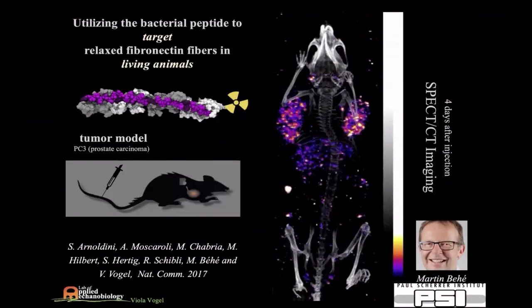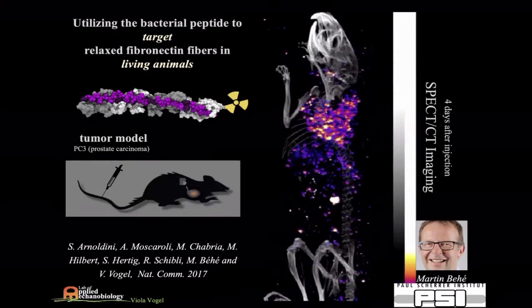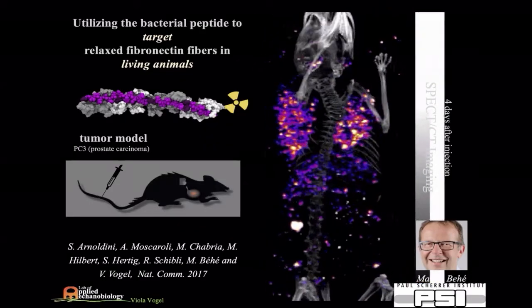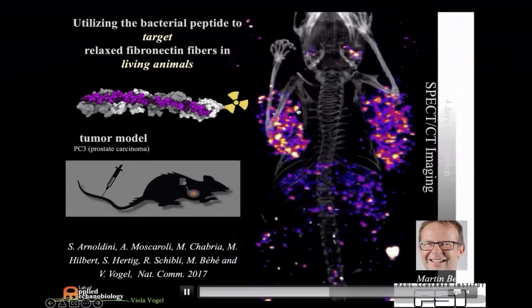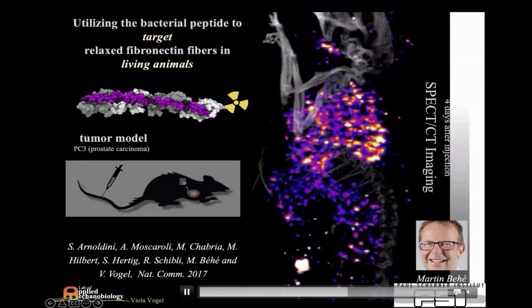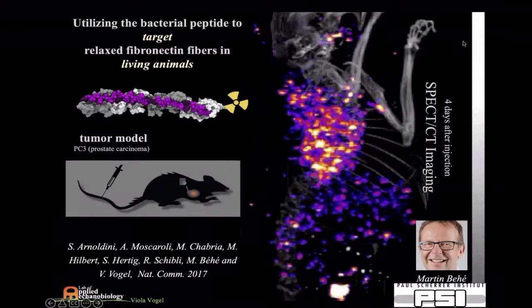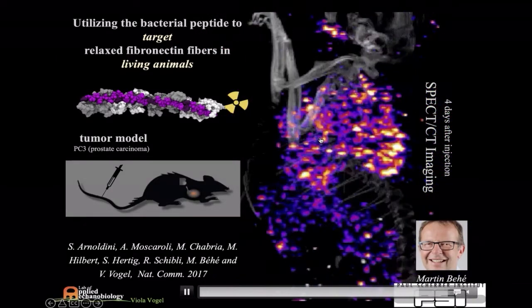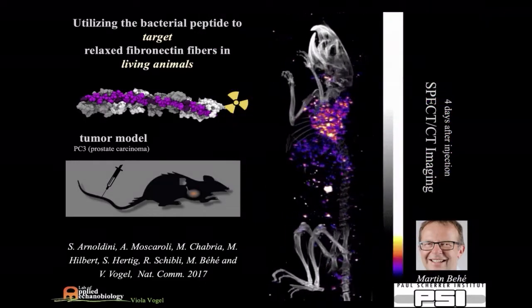And even more exciting, we can label this peptide, inject it into the vein of a mouse, and it goes through the blood circulation and accumulates in tumor tissue, as shown here by radioactive labeling and imaging.